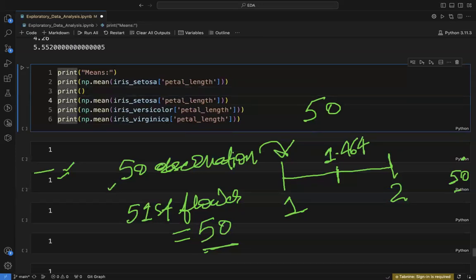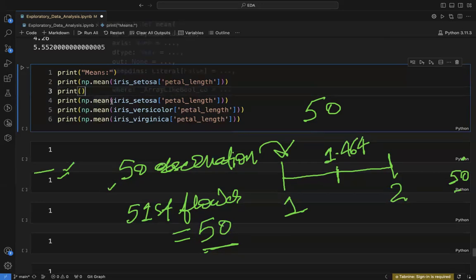This is the original mean of the iris setosa flower. And here, let's append one more value inside this.